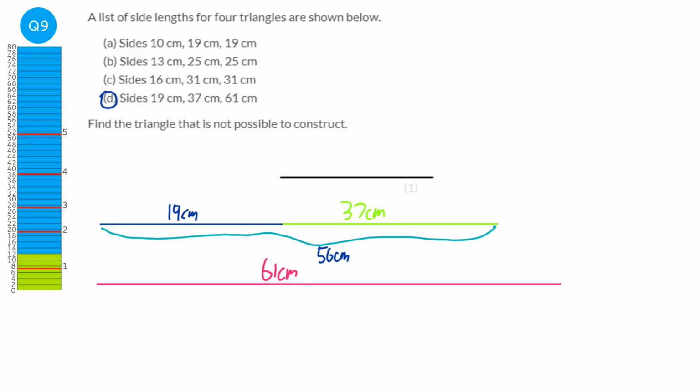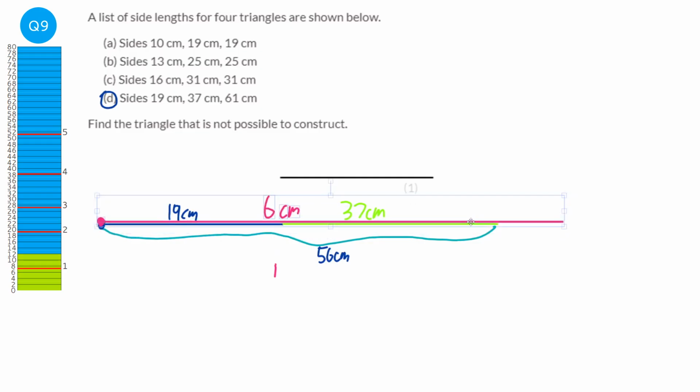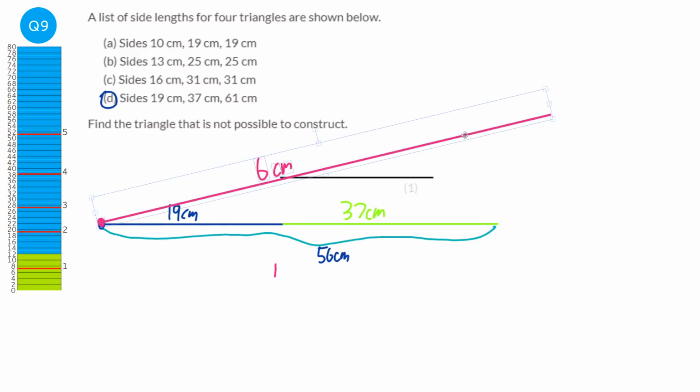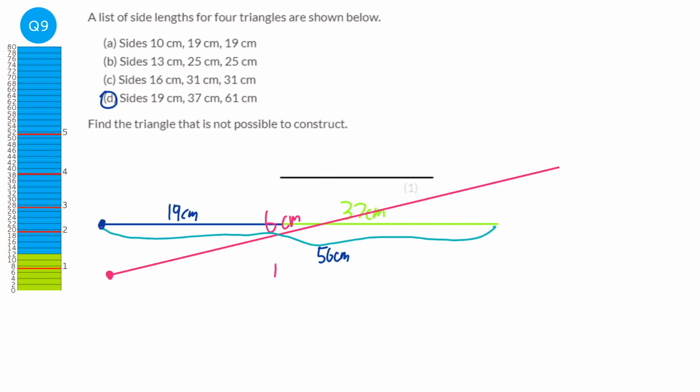So we could move this whole stick onto this side here, but we can't actually make a triangle with it because the 2 lengths that we've got won't ever reach the end bit here. They just won't ever reach that bit to be able to create the triangle.